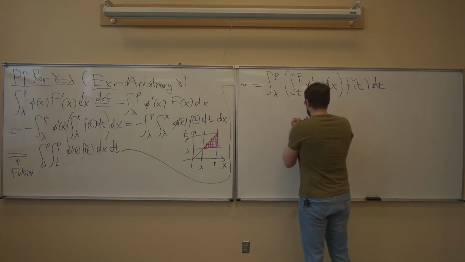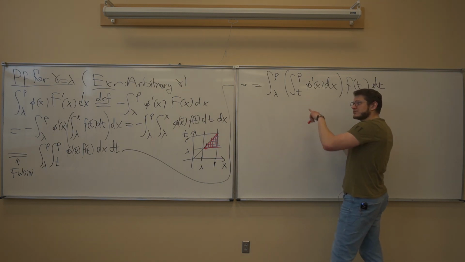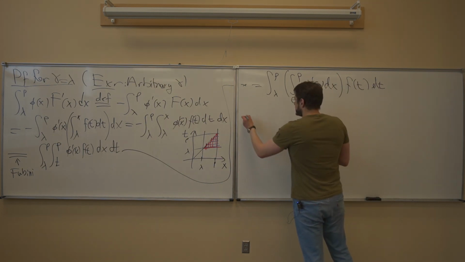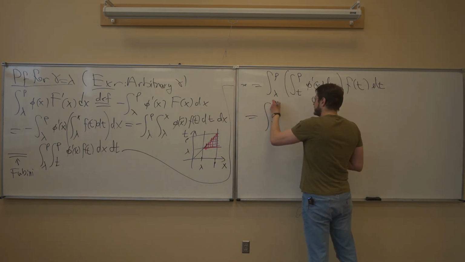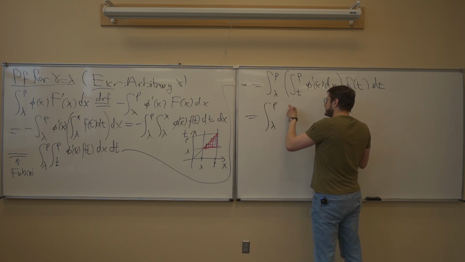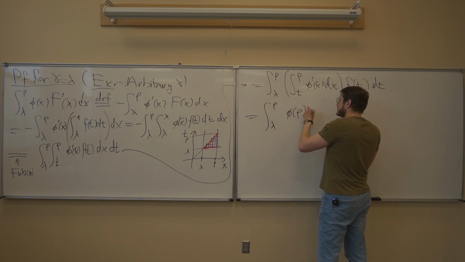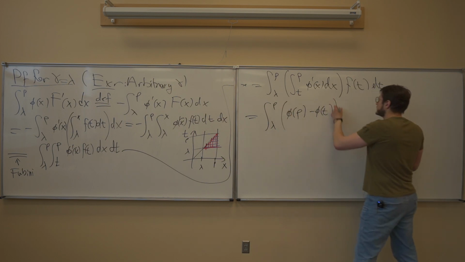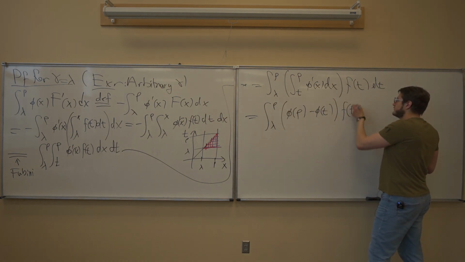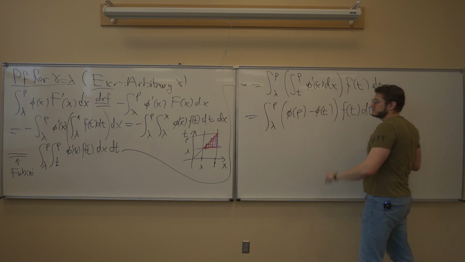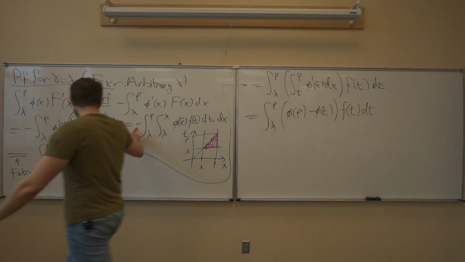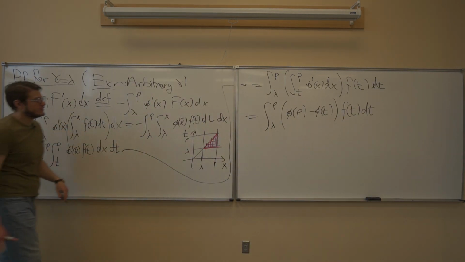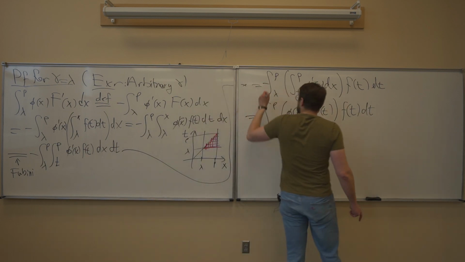Okay, so again, I'm using the first fundamental theorem. This is phi of rho minus phi of t, f of t, dt, which I realize I forgot a minus. You see, there was a minus here, there's a minus here, there's a minus here, there's a minus here.